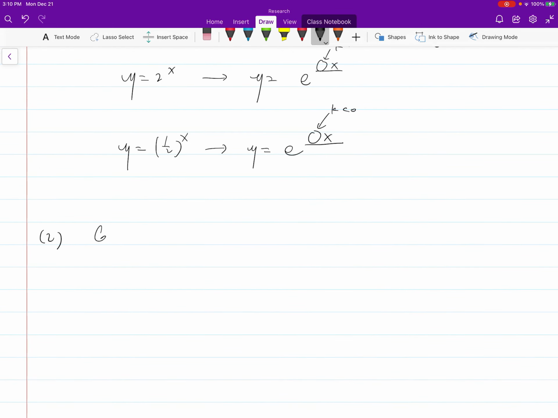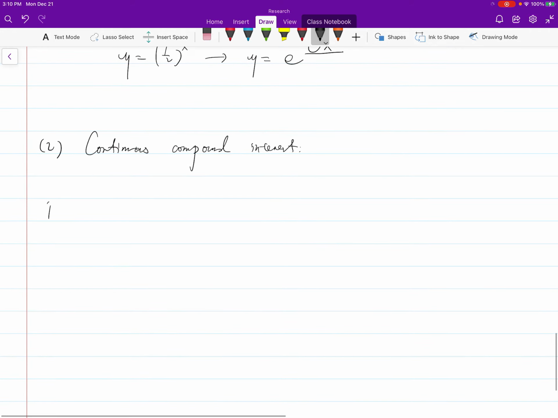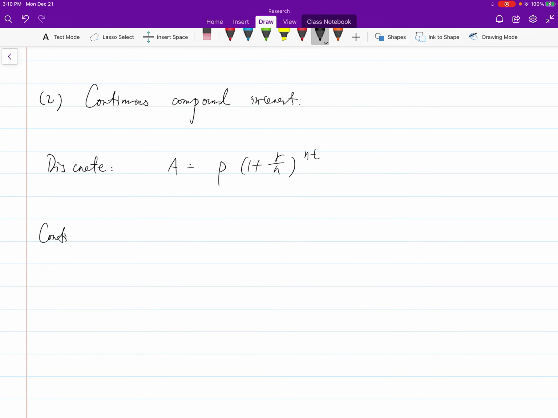Second, it corresponds to continuous growth. Or at least for now we can talk about continuous compound interest. What do you mean by that? We had a formula before, which we call discrete: P(1 + r/n)^(nt). Now we have a new formula which is continuous compound interest, which is the principal.